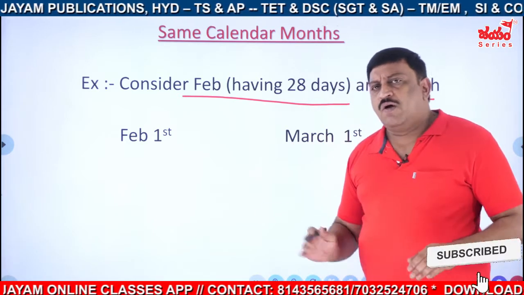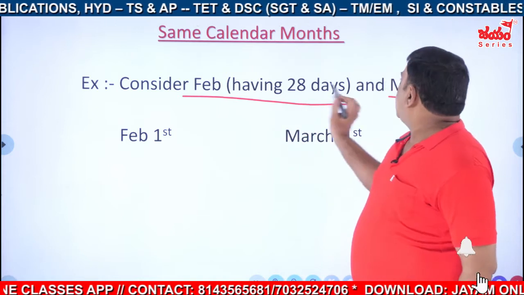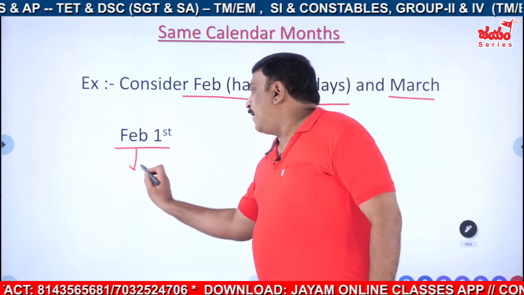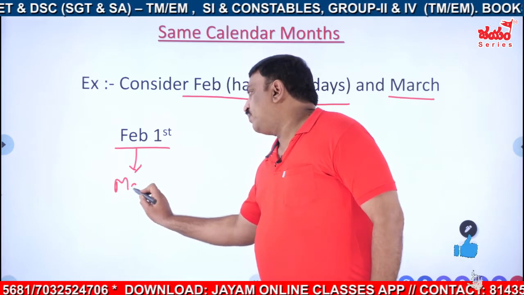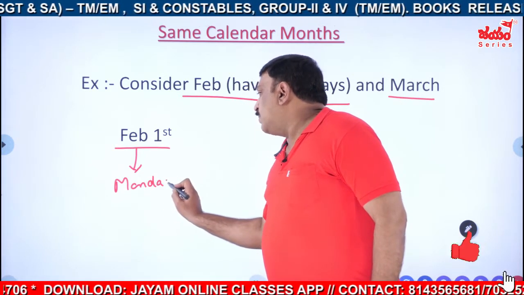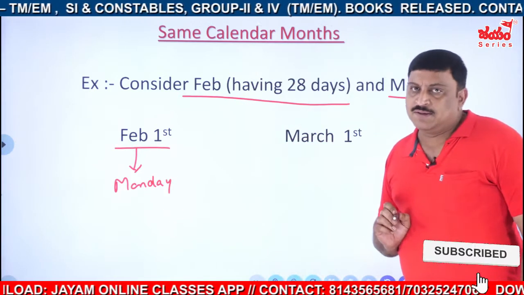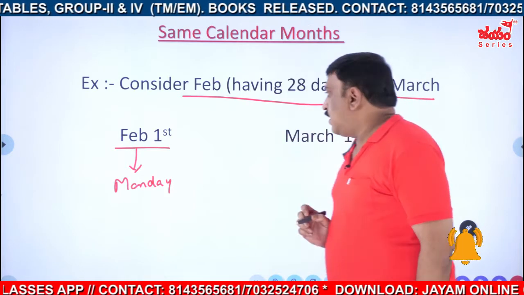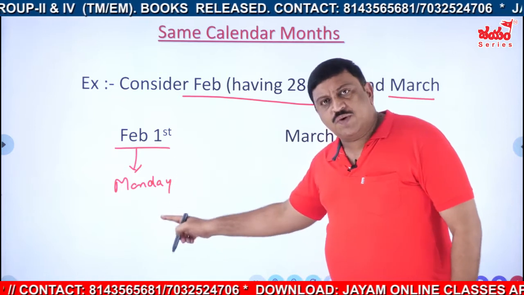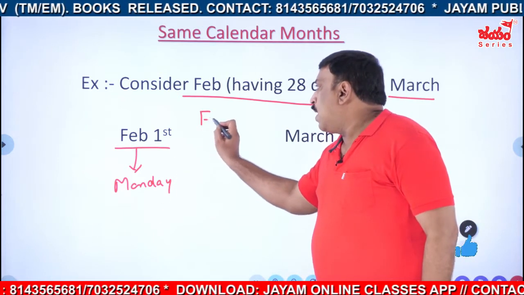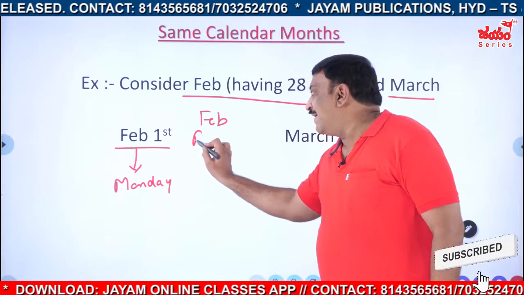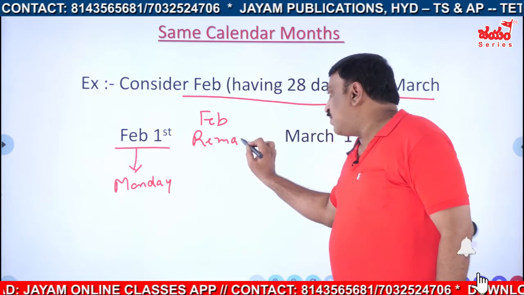Let us see. Consider February 1st is on Monday. How will March 1st be? Just like the previous between months calculation, February 1st is over. Then we have to count the remaining days.